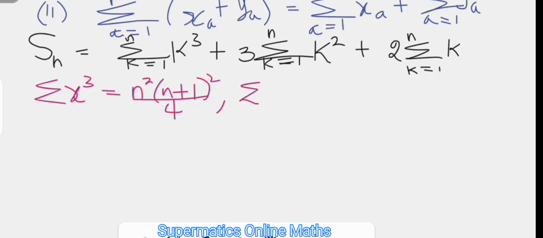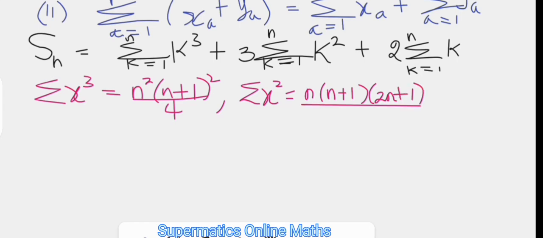The sum of squares is n times n plus 1 times 2n plus 1 over 6. And the sum of natural numbers, sum of x, is n times n plus 1 over 2.